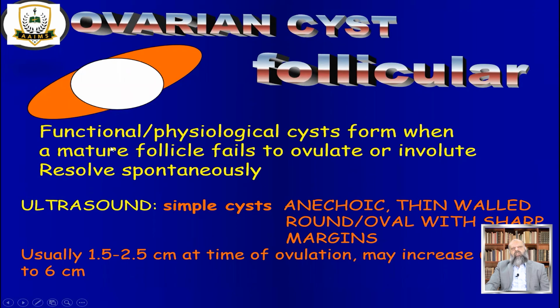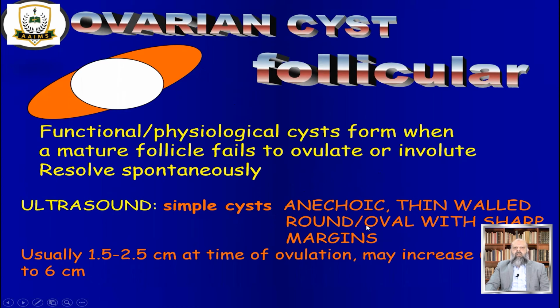It is a functional physiological cyst, which is actually a follicle. So in other words, a follicle which remains there and is not ovulated and is not ruptured, and is usually 2.5 centimeters or above in mean diameter, we label as a follicular ovarian cyst.